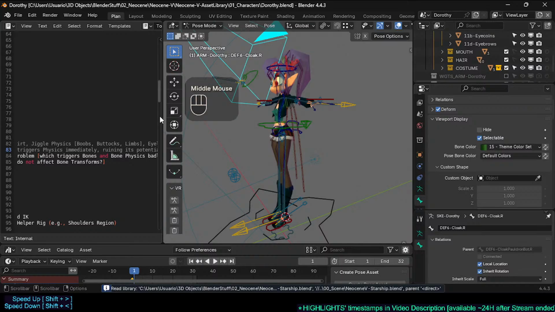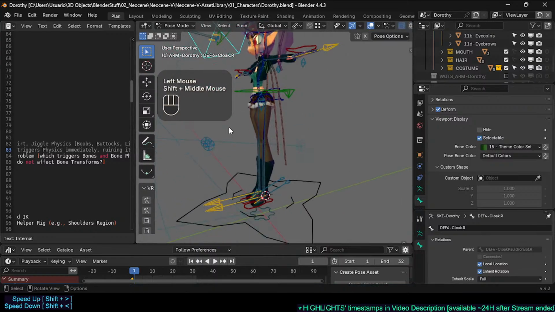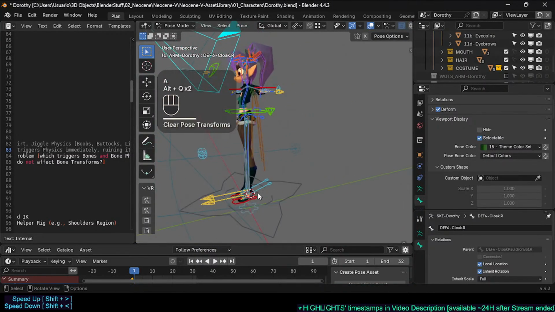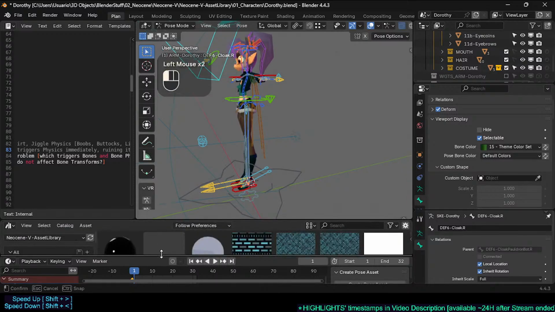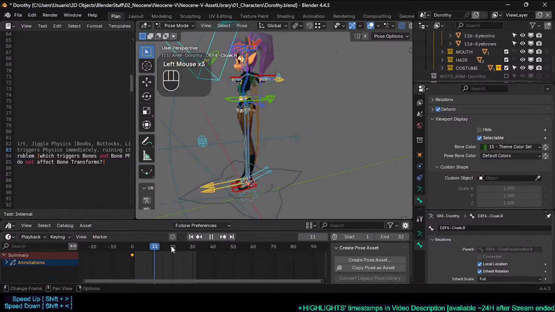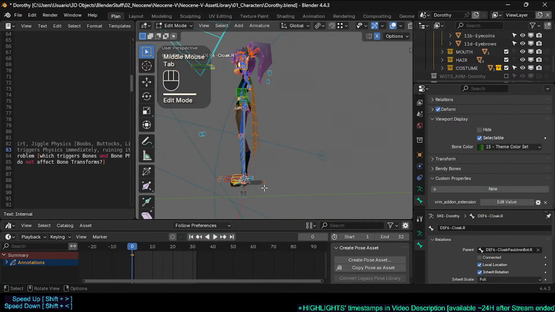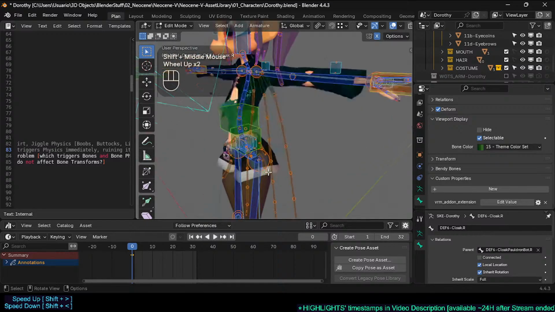So I think it will be generic for all physics, because the physics is about the time spent in the timeline, and not about time spent in transition from edit mode to pose mode.